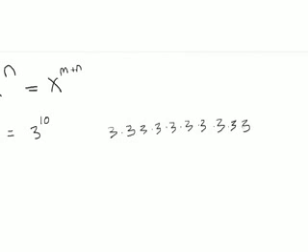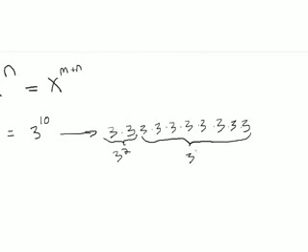And so that's what the equivalent of 3 squared times 3 to the 8 is. It's just simply 3 times 3, here's your first part, and then there's 8 more for the second part. And then adding all the 3's together, we get 3 to the 10.